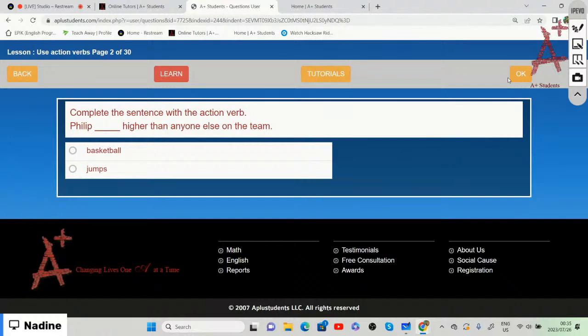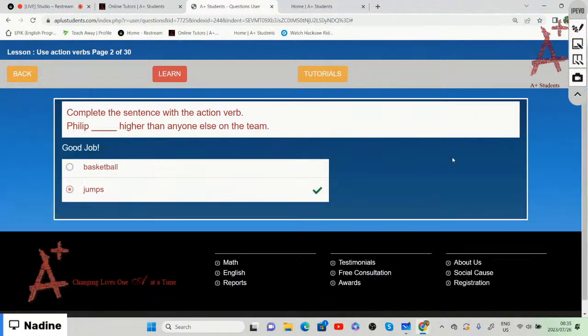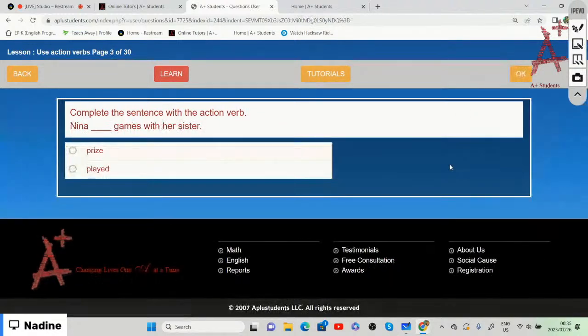We need to select the best action verb. If we choose the correct action verb, then we can say Philip jumps, because basketball just does not make sense. So he jumps higher than anyone else on the team.